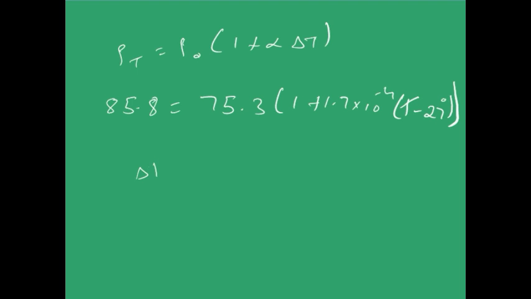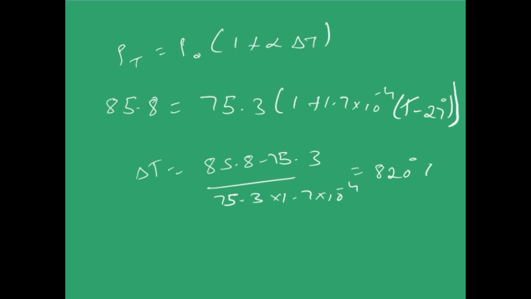You will get the delta T as 85.8 minus 75.3 by 75.3 into alpha, that is 820 degrees Celsius is the temperature difference. So your final steady temperature will be 847 degrees Celsius. This is your answer.